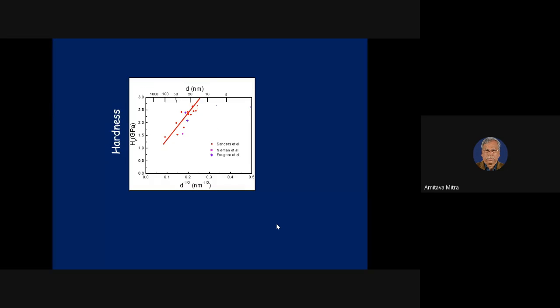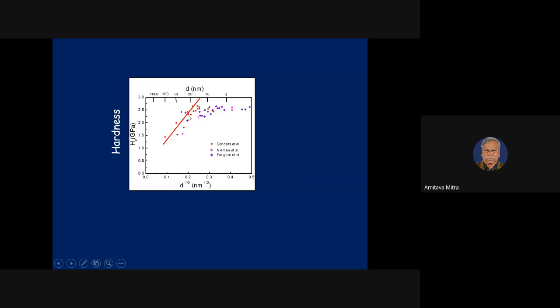We have read that the strength or the hardness of the material changes with the square root of the grain size. So if we go on, it should go infinitely, but it was observed that there is a limitation. After some time, it tries to reach a saturation value.